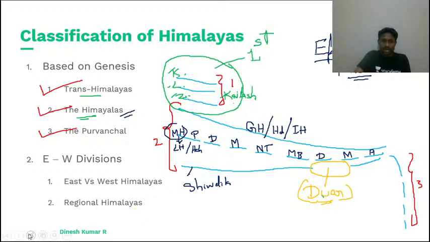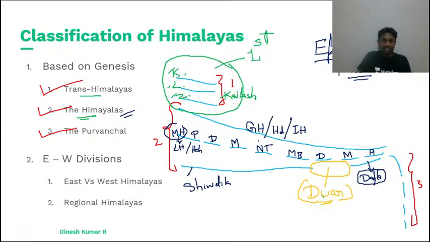And please remember, after this gap, it re-emerges in the northeastern part, and this portion is referred to as the Dafla range. Please remember, the Dafla range is believed to be the continuation of the Shivalik range in the northeastern part. So what did we study?